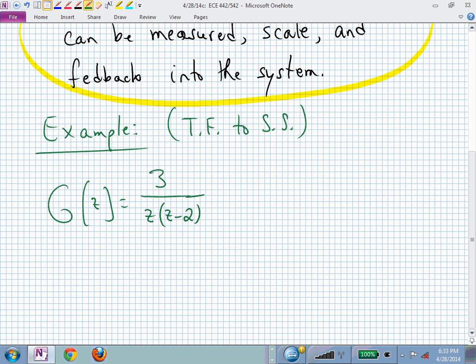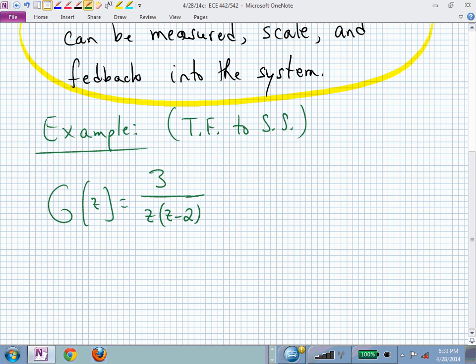And that restricts where the closed loop poles can be. But is this system open loop stable? No. We have a pole sitting out there at Z equal 2. So we have to control this if we want to have something that's not going unbounded with time.